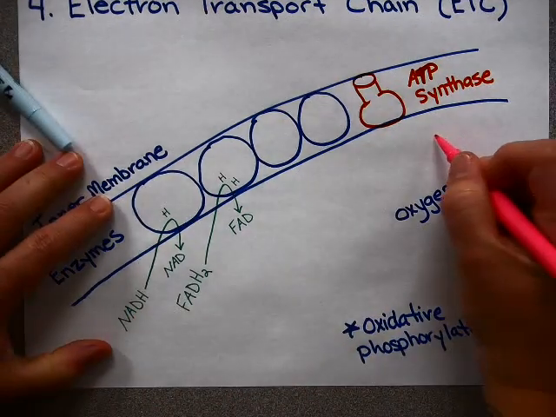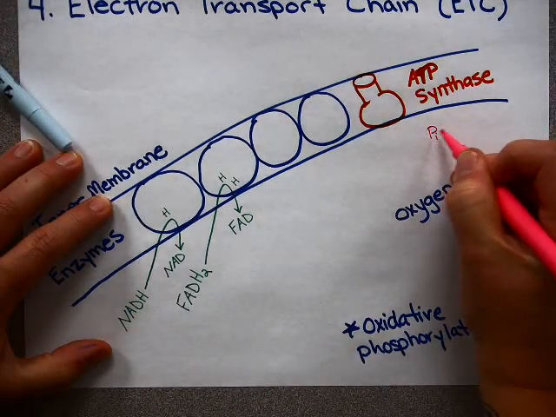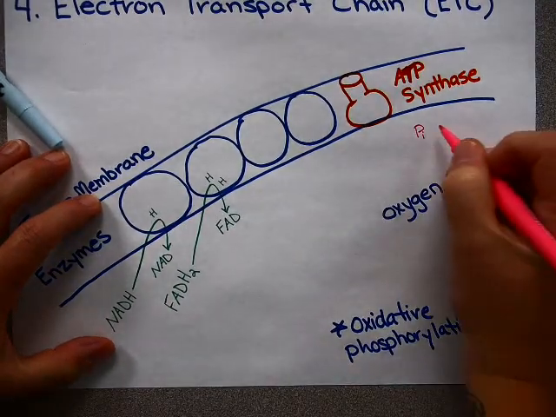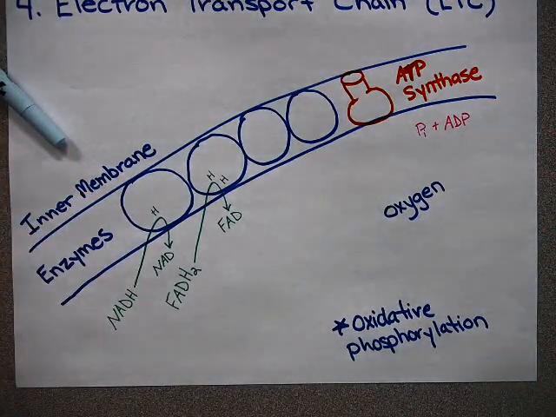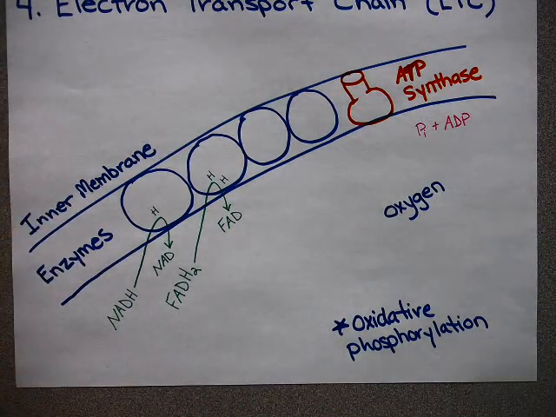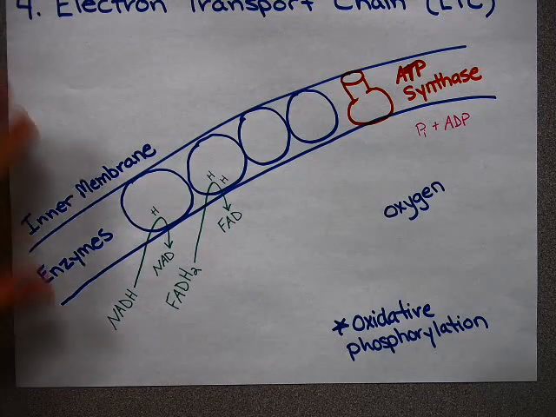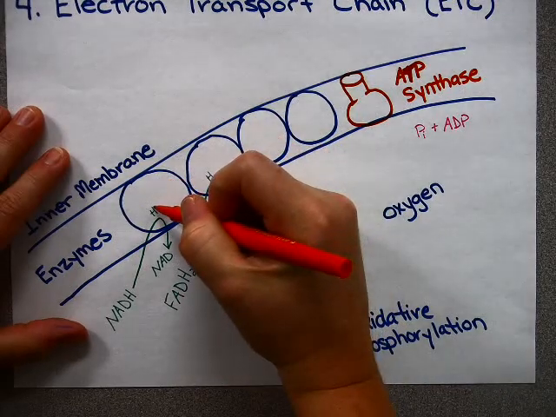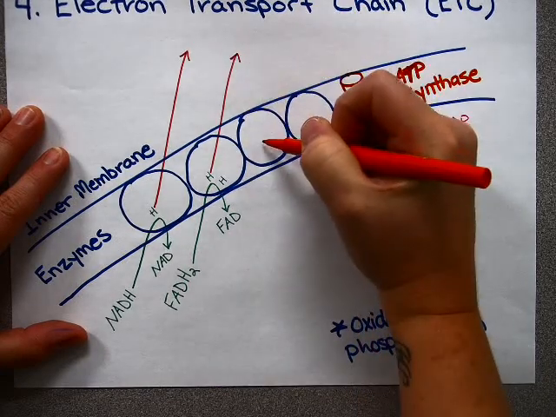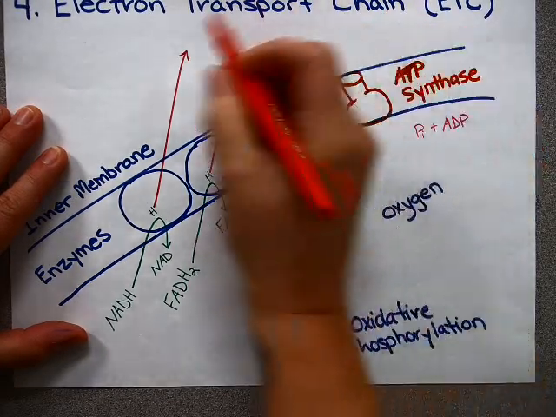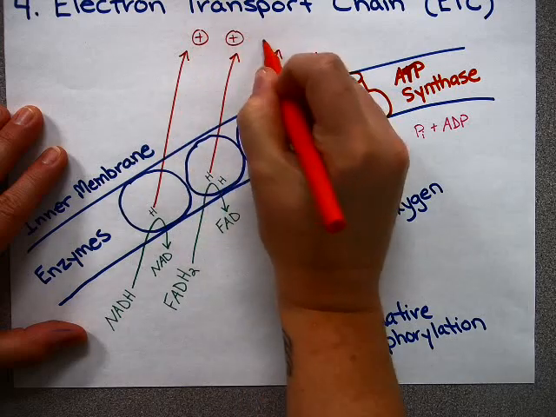Oh, don't forget we also have, here's a P waiting, nice and patiently. Here's an ADP waiting, nice and patiently. It's waiting. But we need some energy to put them on there. All right. So now we've kind of set what's going on. So now we're going to pump our protons up here. So make an area up here where we have pumped protons.